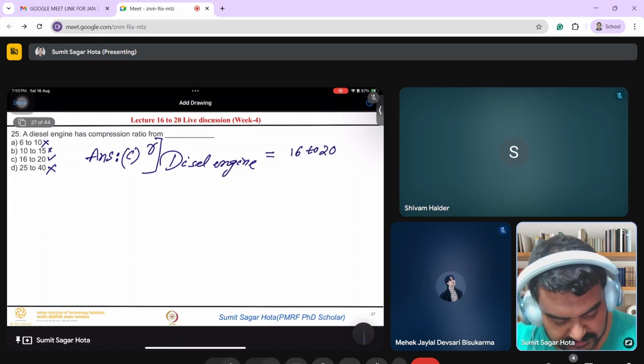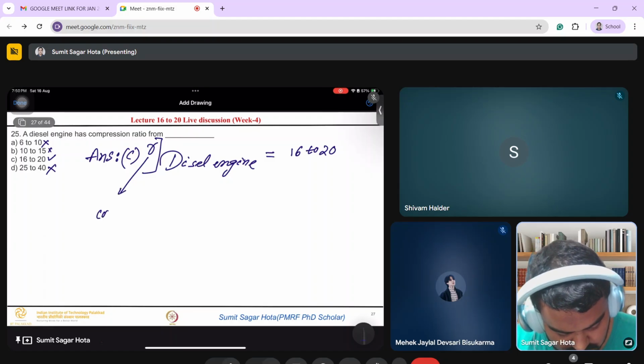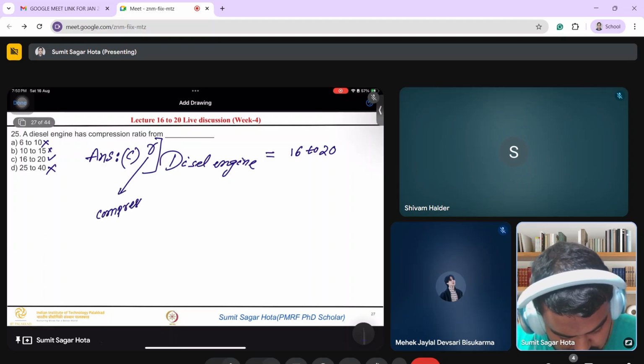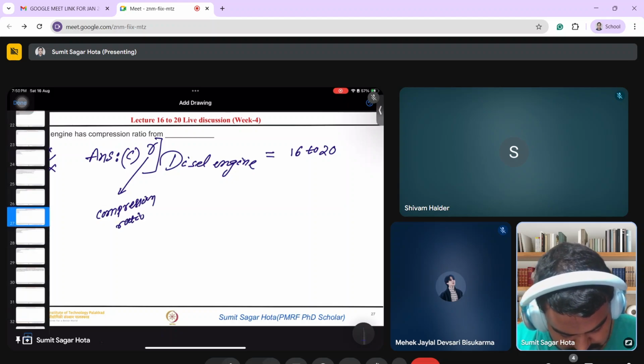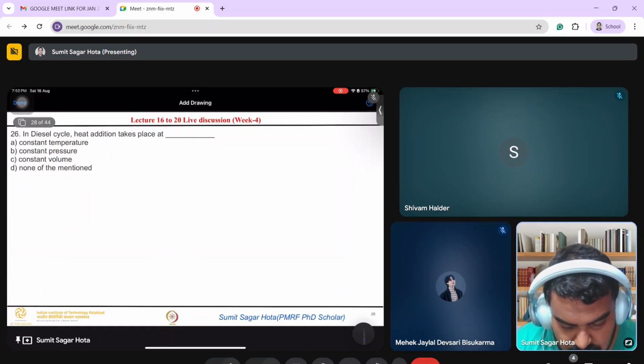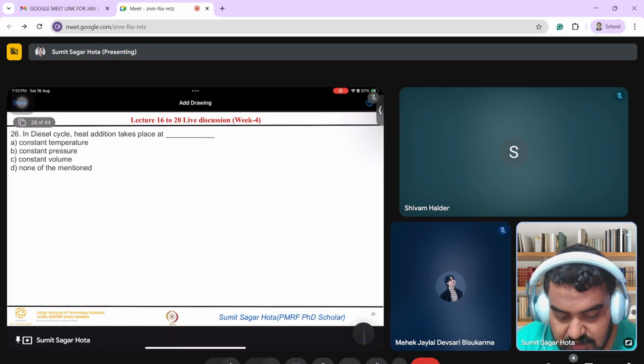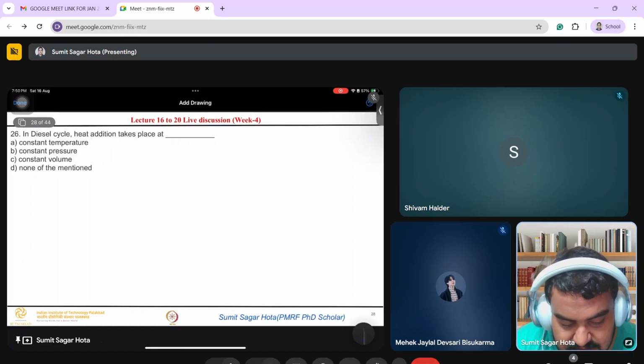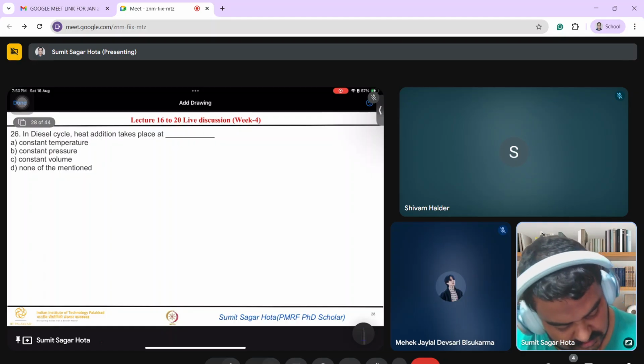R means your compression ratio. So now this is also a similar question. In diesel cycle, heat addition takes place at a dash. Okay, so let's draw the cycle.